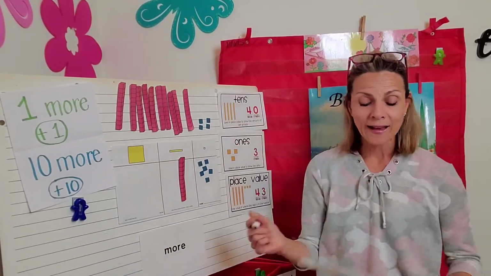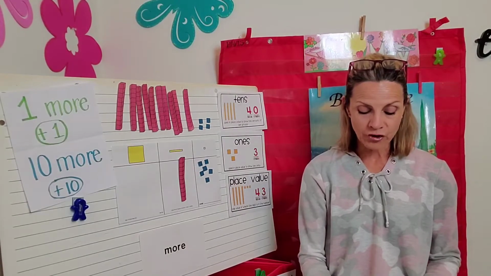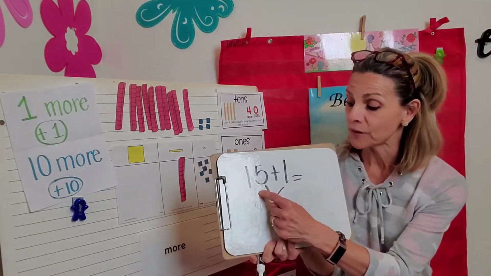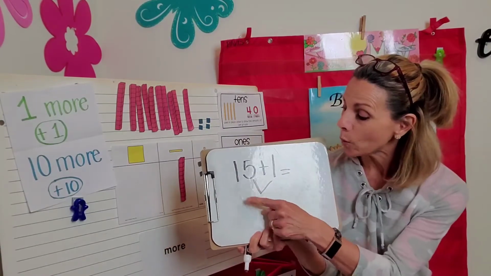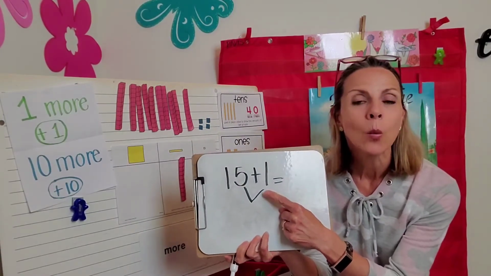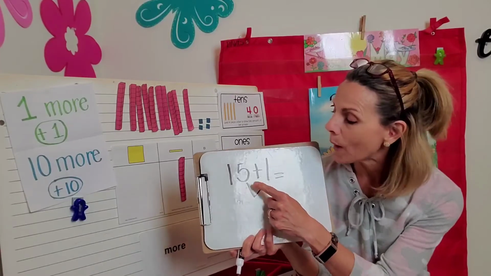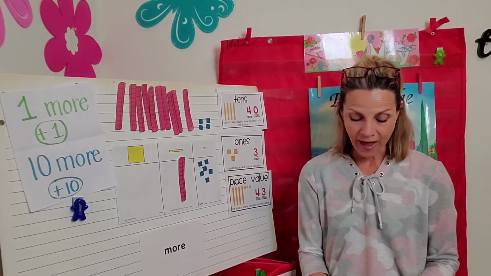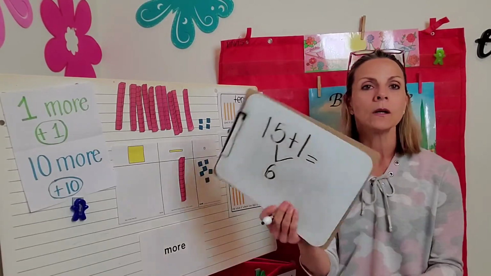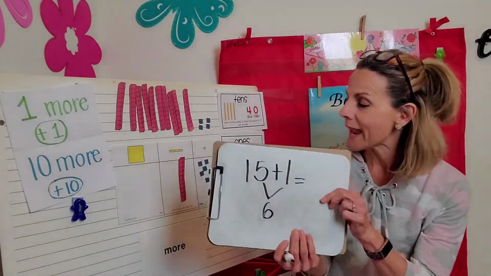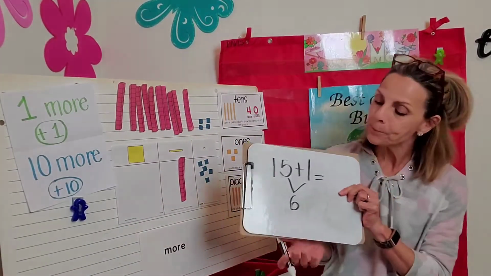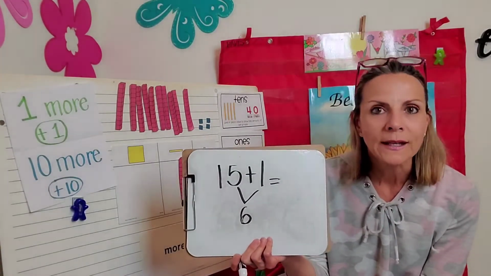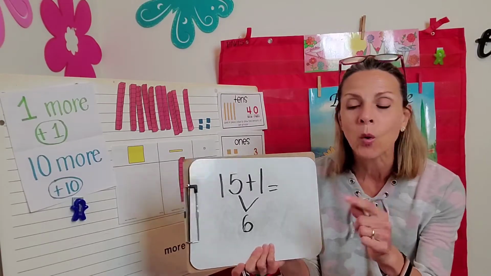So in our last session, I was showing you the fact that in the number 15 there are 5 ones, and I'm only going to be adding 1 to the ones position. So I'm adding 5 plus 1, and I went ahead and wrote that new total of ones down, which matches this. Okay, and then I understand that that 1 in 15 is not 1, but it's 1 ten.